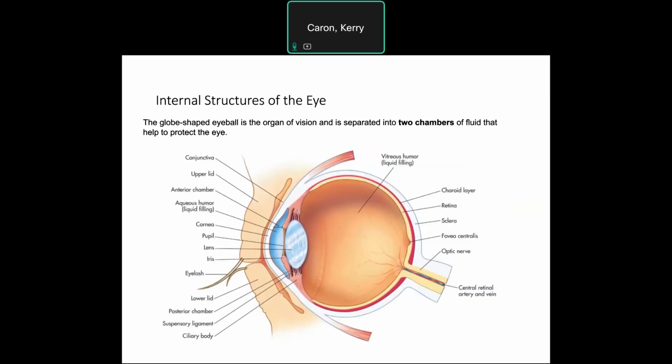Here's a good picture of the internal structures of the eye. The eye is globe-shaped and it has 2 chambers of fluid. The vitreous humor, the main part, and the aqueous humor in the front.